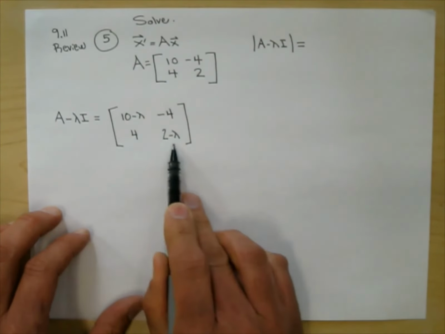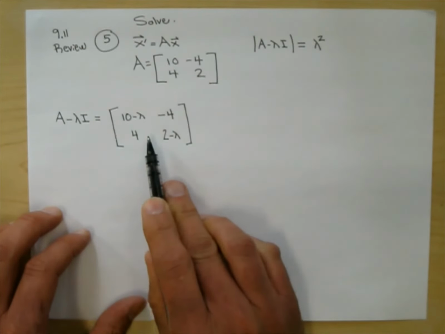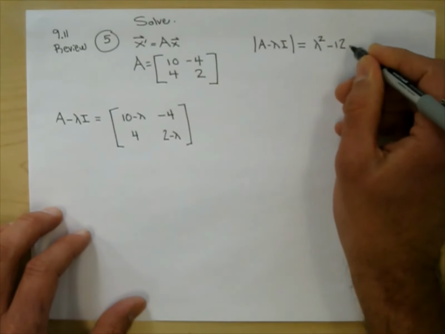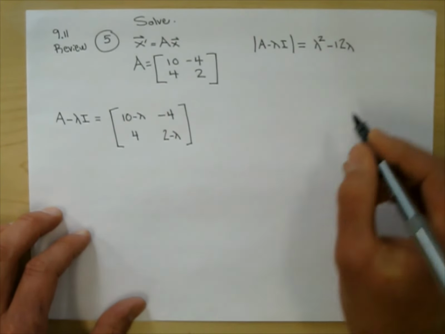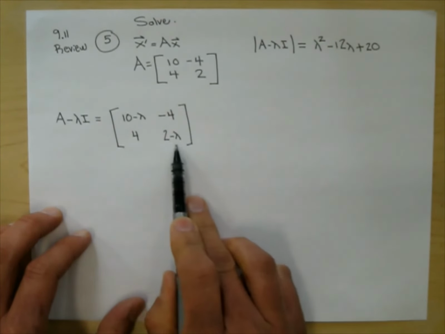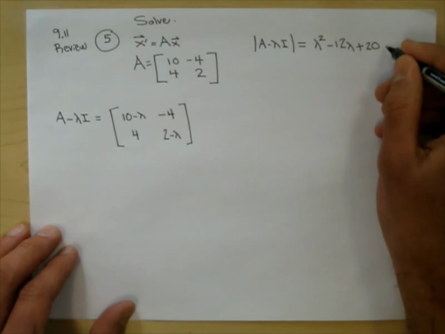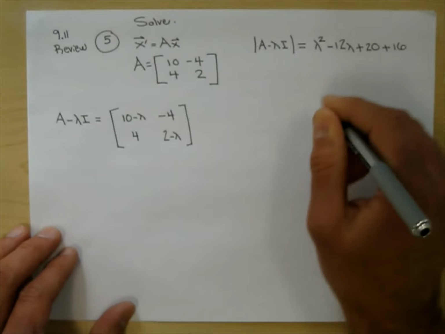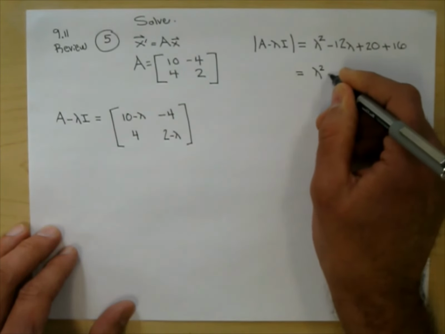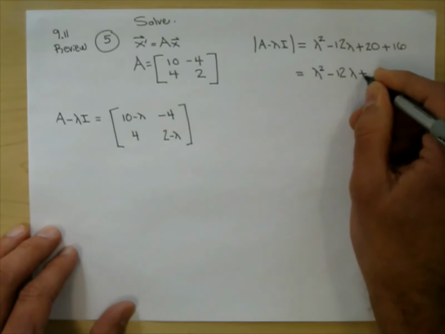This gives me, I'll do a FOIL here, so lambda squared, then we have minus 12 lambda, and then we have plus 20. So that was AD minus BC. So minus a negative 16, that's going to be plus 16. So this gives me lambda squared minus 12 lambda plus 36.